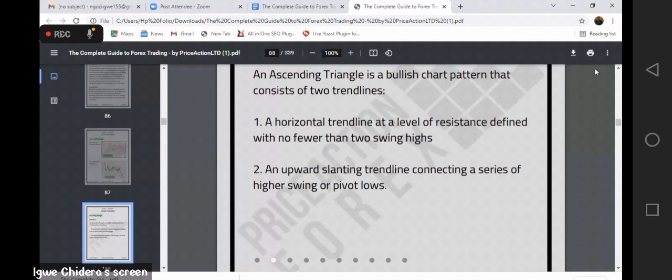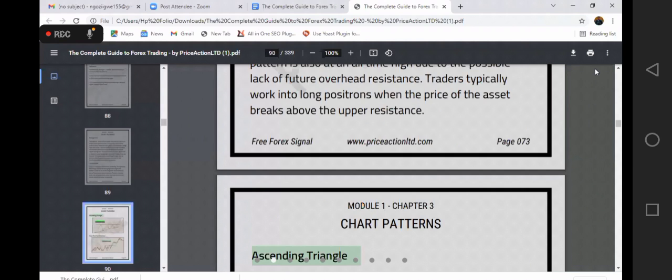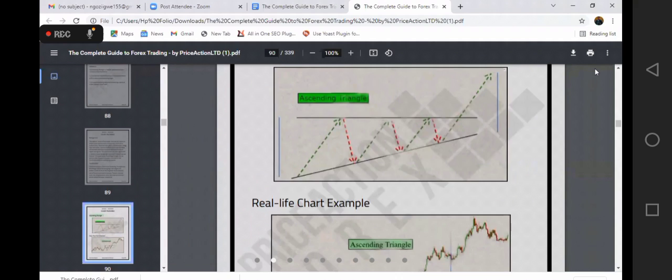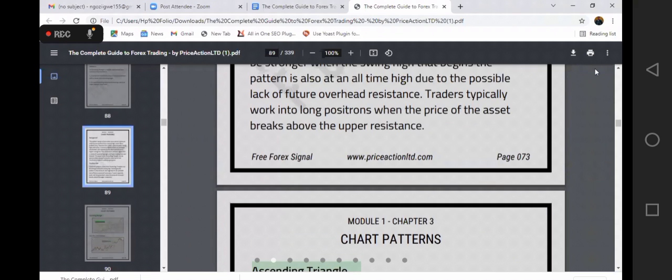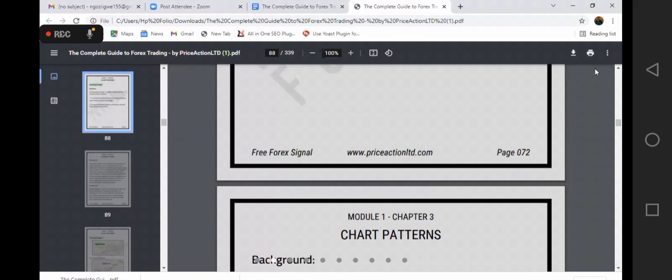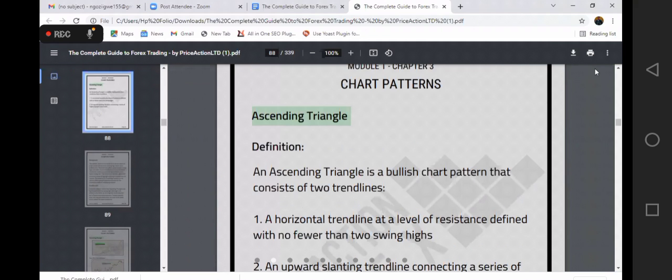Two says an upward slanting trend line consisting of a series of swing pivot lows. The guy I'm talking about, yours should probably be a descending triangle.